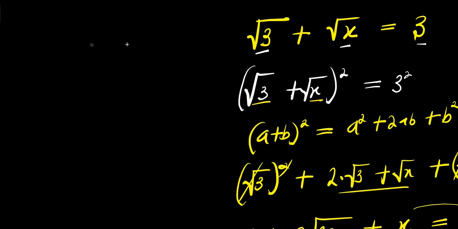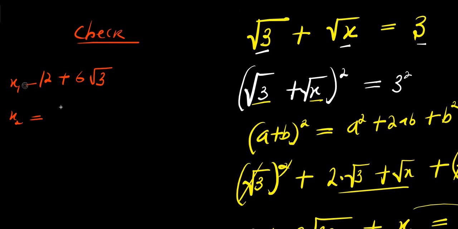So now let's go ahead and check if the values for x will satisfy this equation. We have 12 plus 6 root 3, that's x1. For x2, we have 12 minus 6 root 3.